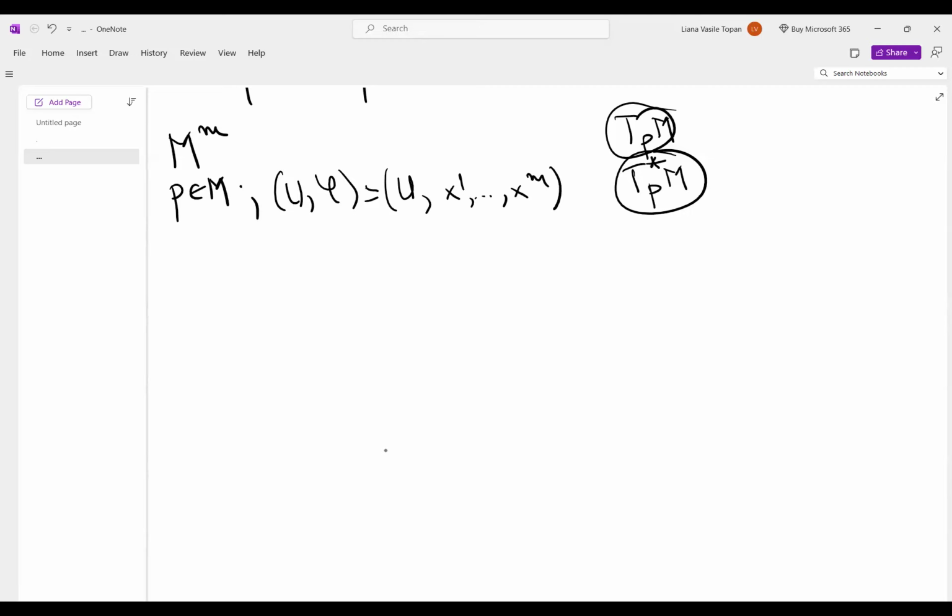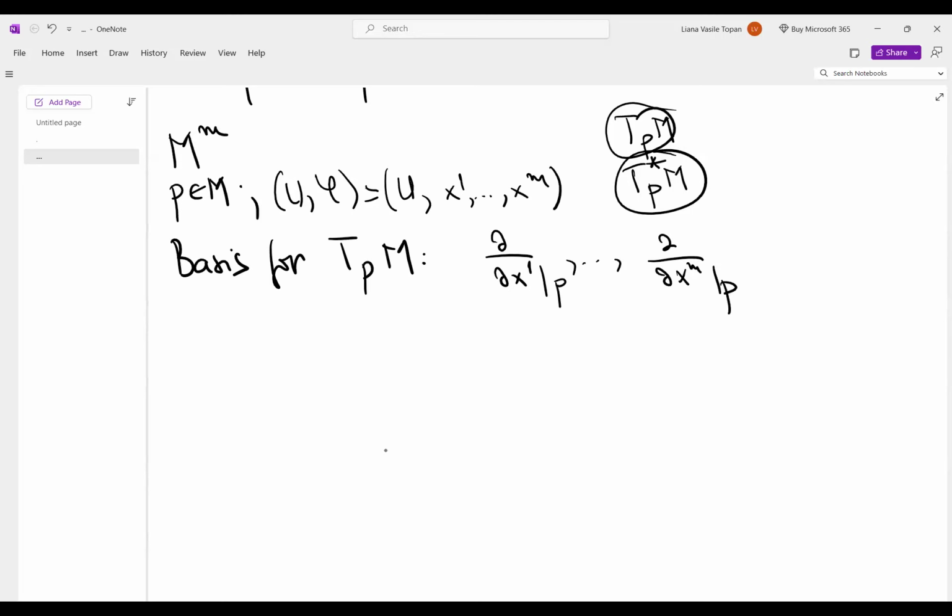Now, you know that we can build up a basis for the tangent space at the point P to M, a basis that depends on this local chart. This is given by, if you remember, we saw them yesterday, partial over partial x1 at P up to partial over partial xm at P. So this is a basis for TPM. And then we have always a dual basis, which will be a basis for the dual space.